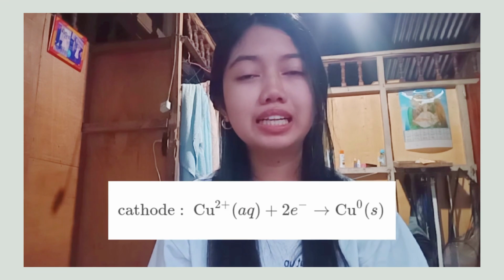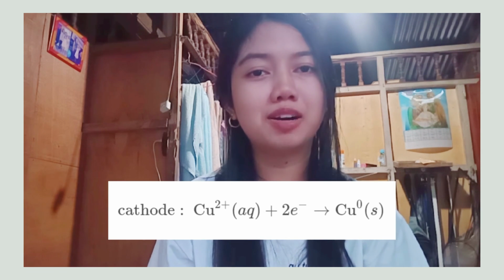Meanwhile, at the cathode, copper ions from the solution are reduced to copper metal, which means they gain electrons, on the surface of the second metal, forming a layer of shining copper. It will be presented in this half reaction.